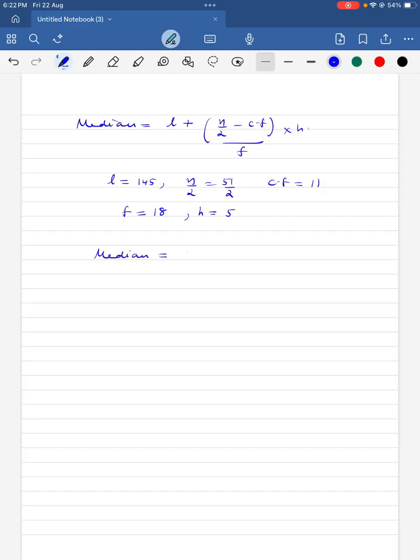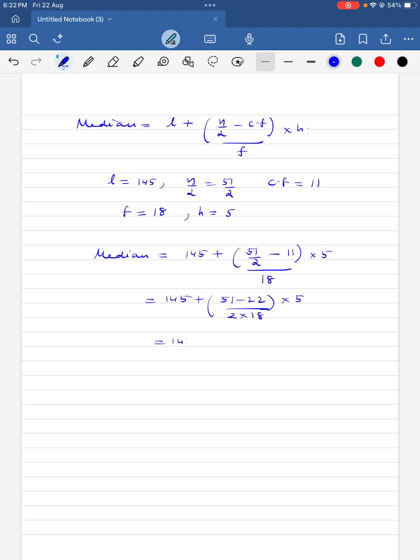So median will be equal to 145 plus n by 2, which is 51 by 2, minus cumulative frequency, which is 11, divided by 18 times 5. That's equal to 145 plus 51 minus 22 divided by 2 into 18 times 5.